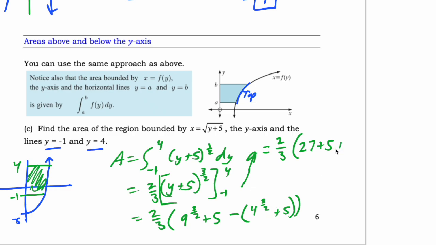So that's going to be minus 8. Let's erase that. Minus 8, and then minus 5. So the 5's cancel, and that is 27 minus 8 is 19. 19 times 2 is 38, so it's 38/3.